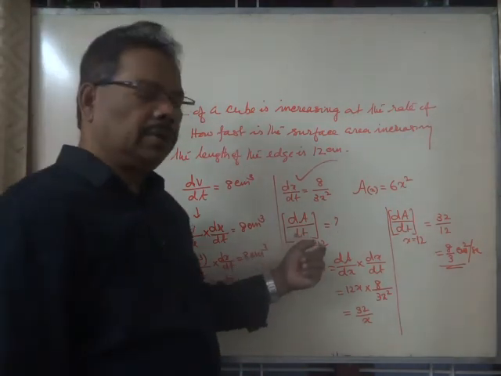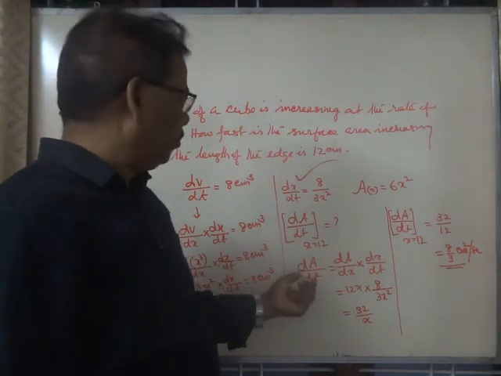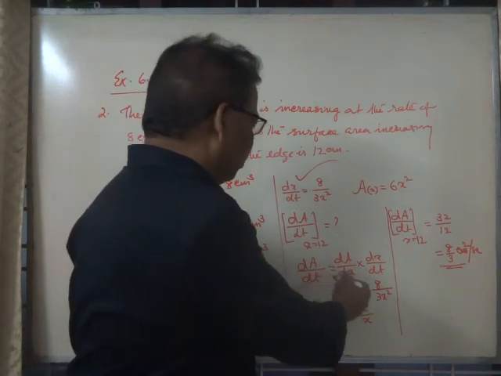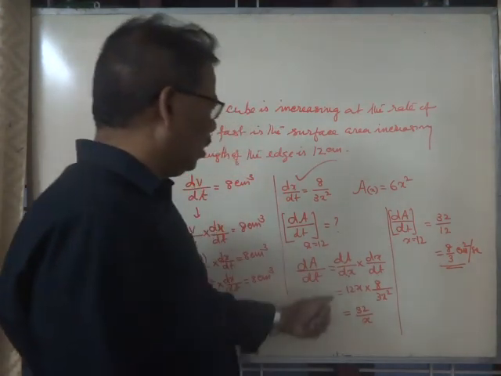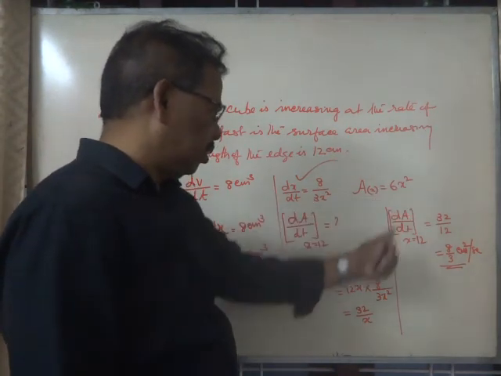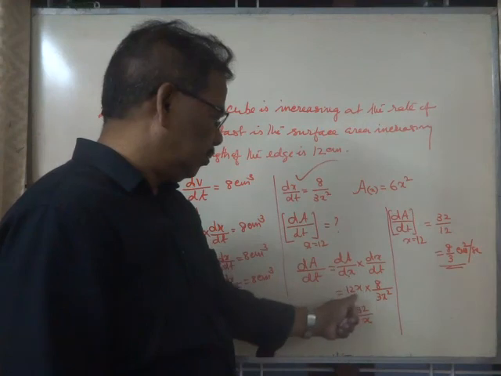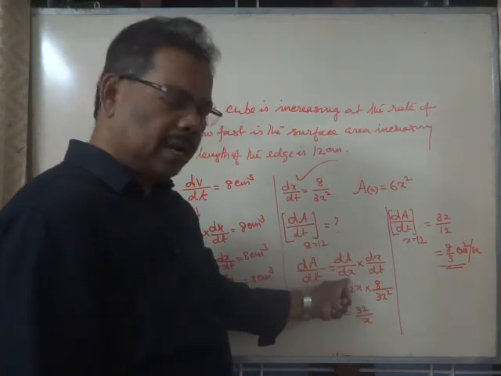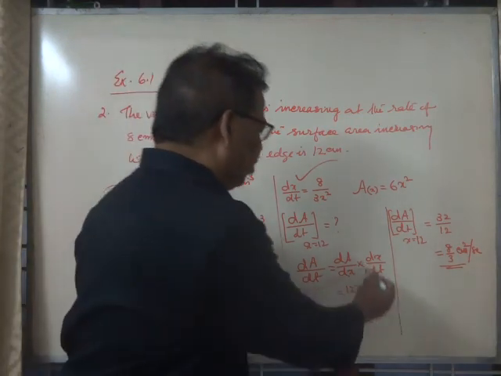We have to find out the rate of change of surface area with respect to time. It is expressed as dA by dt is equal to dA by dx multiplied by dx by dt. Surface area of a cube is 6x square. Therefore, derivative of area with respect to side length is equal to 12x multiplied by dx by dt.